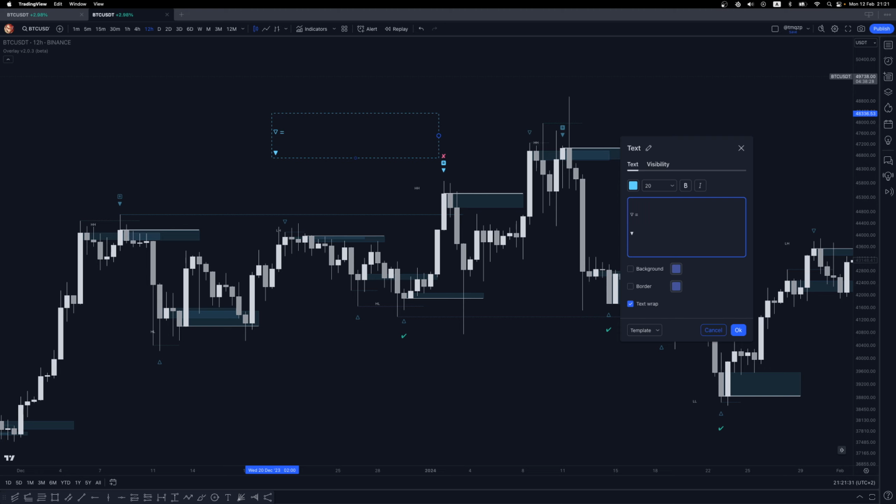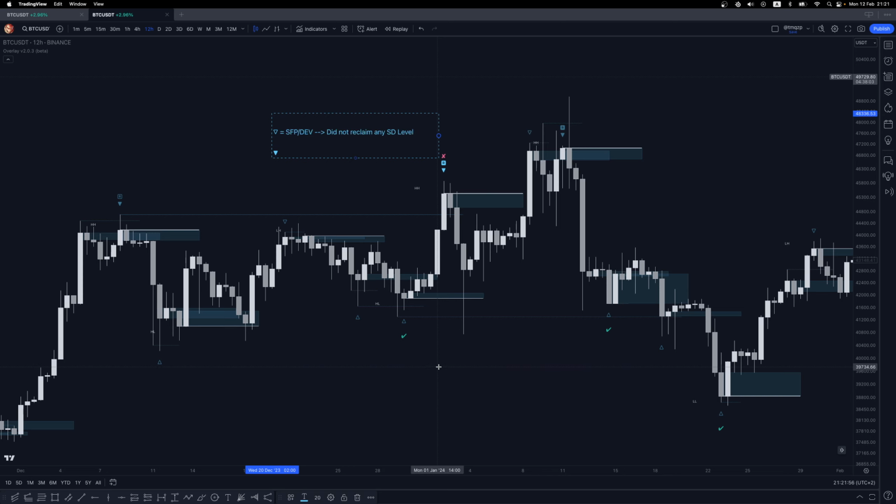What does the hollow one mean? The hollow means that you had a swing failure pattern. So you had one of these swings, either an SFP or a dev, doesn't matter, any of the two, that did not reclaim any SD levels, right?